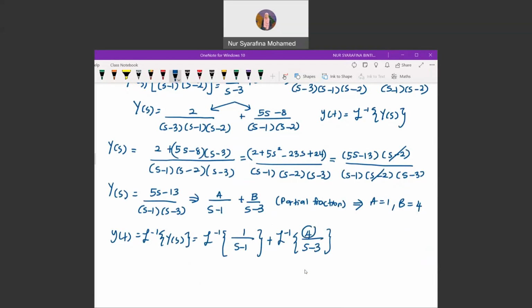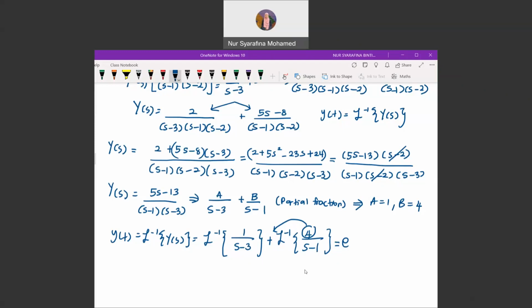We can put the 4 outside by linearity. Here I just rearranged; if you change the position of A and B, it doesn't matter as long as the denominators go together.